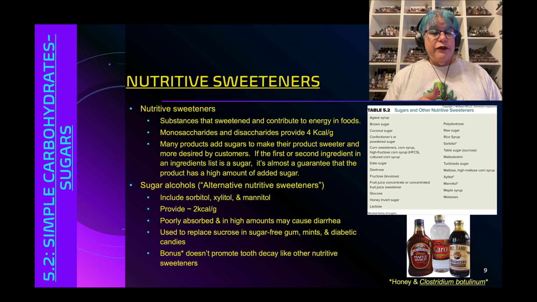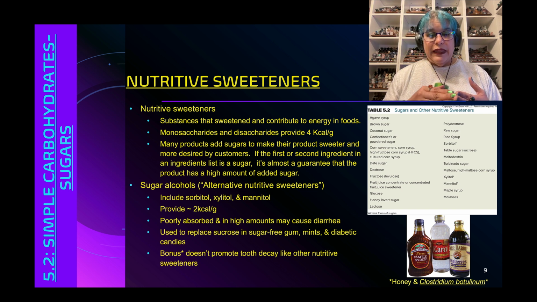While they still provide calories, it's half the amount that you get from our nutritive sweeteners. So we get 4 kcal per gram with nutritive sweeteners. With sugar alcohols, we're talking 2 kcal per gram. So it's not zero, but it is less. One of the reasons for this is because it is very poorly absorbed in the digestive tract, and in high enough amounts, this will cause diarrhea.